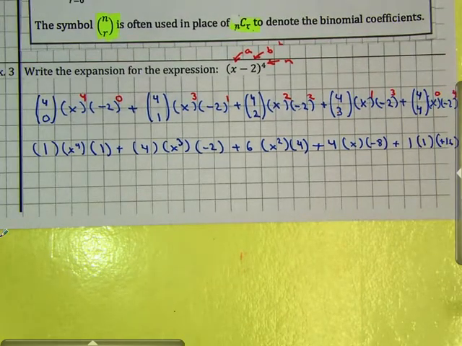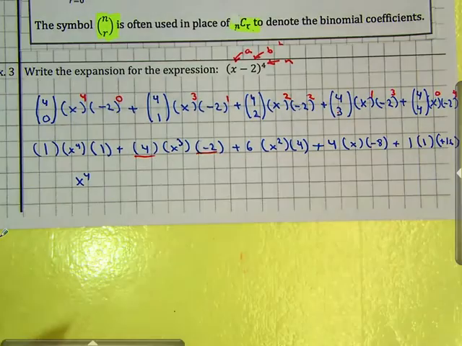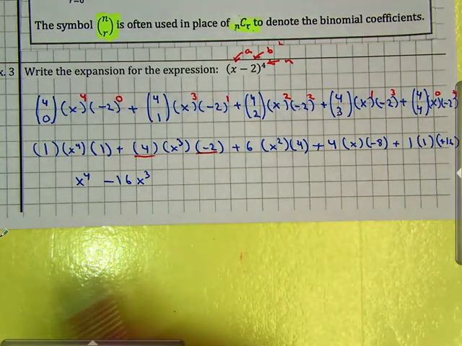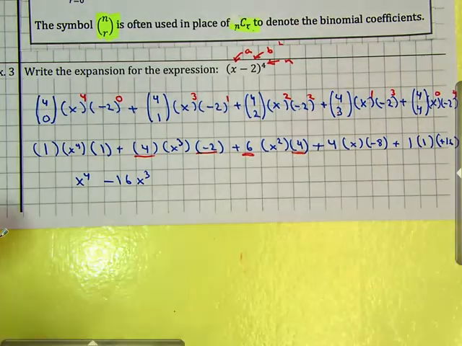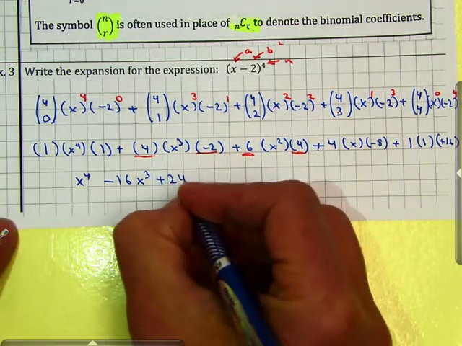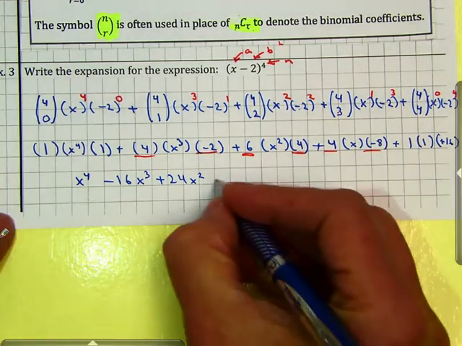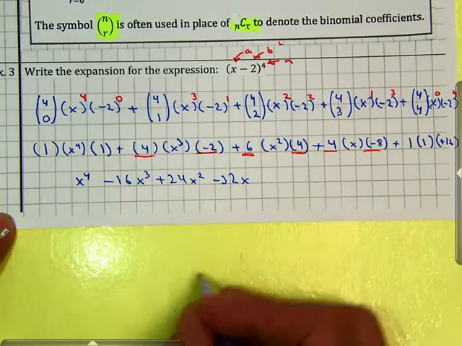And I just simplify. 1 times 1 is 1, times x to the 4th will give me x to the 4th. Multiply the numbers, negative 16 x to the 3rd. Multiply the numbers, positive 24 x squared. Multiply the numbers, negative 32 x.